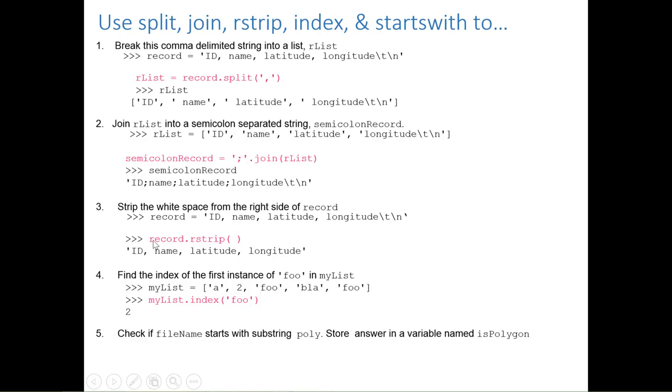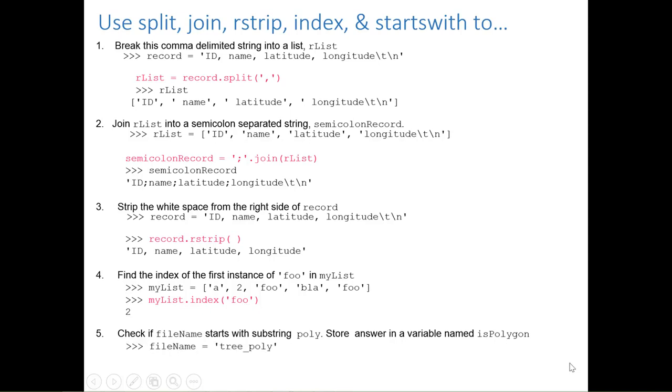It just returns the modified string. And this one doesn't change the value of mylist, even though lists are mutable. It just returns the index into the list of the first occurrence of this.